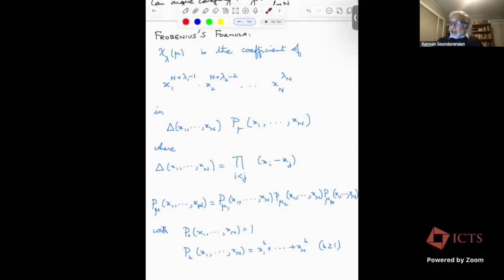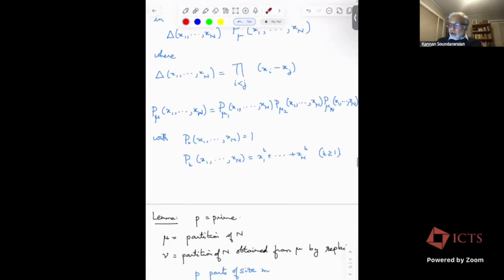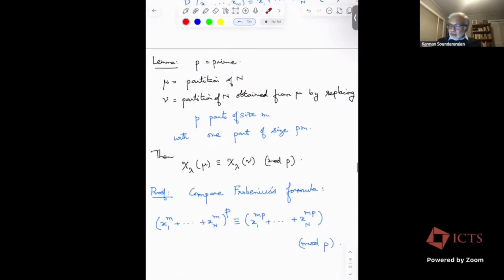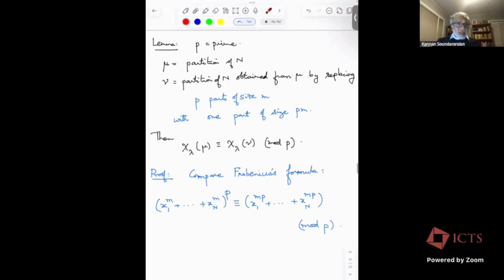Okay, now how is this useful for congruences? The key is this lemma that if I take a partition of n and I look in this partition mu, whenever I see p parts of the same size, I replace these p parts of the same size with one part of size pm.